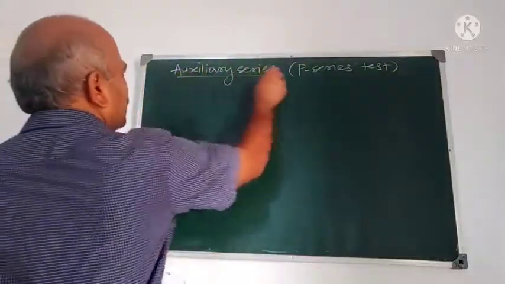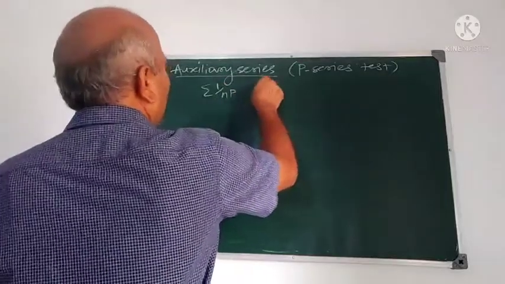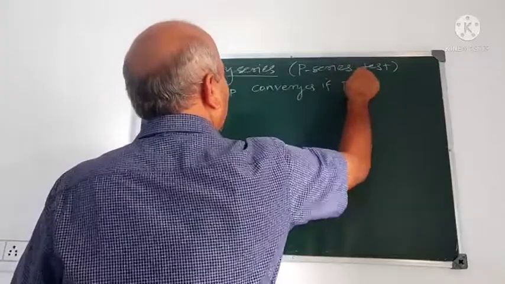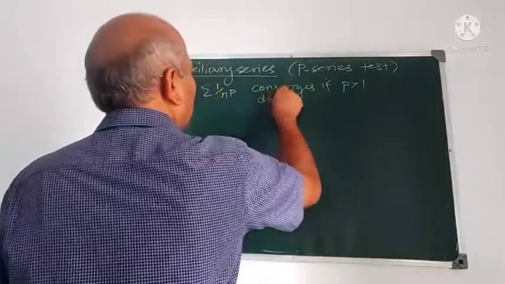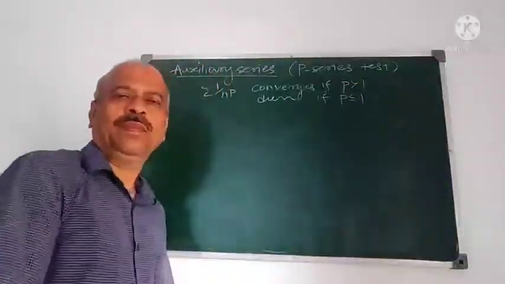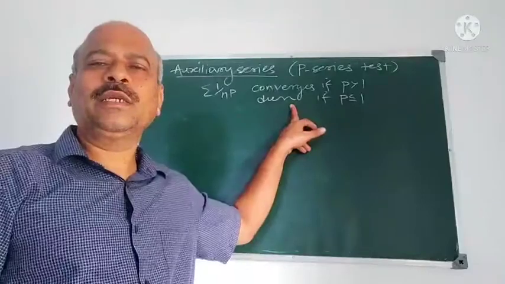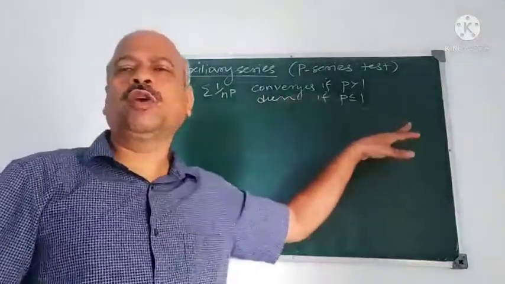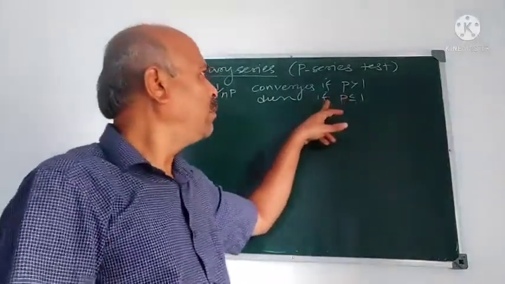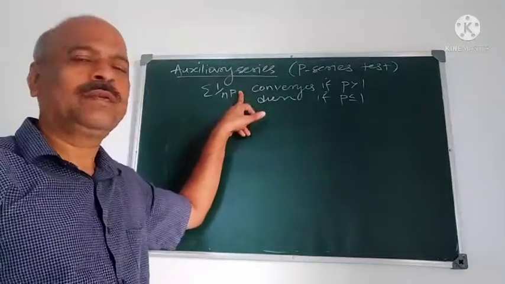The test is like this: sigma 1 upon n raised to p converges if p is greater than 1 and diverges if p is less than or equal to 1. This is a very important tool, it is a very important test, because throughout this topic, up to the end of this topic, infinite series, we use this one.